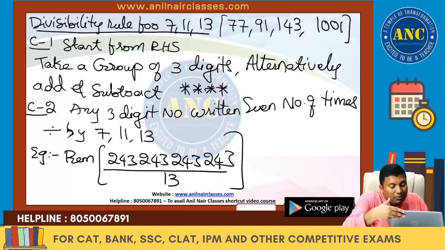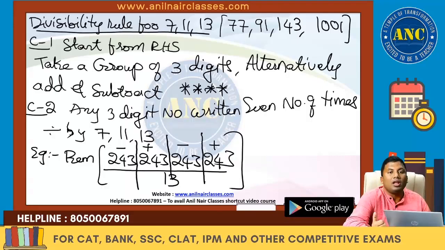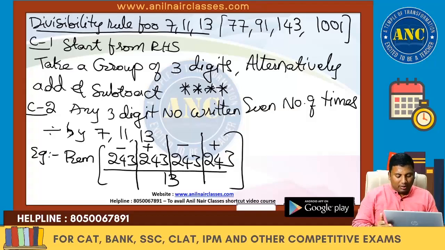What is the divisibility rule for 7, 11, 13? Start from right hand side. Take a group of 3 digits. Alternately add and subtract. 243 minus 243 is 0. Again, 243 minus 243 is 0.